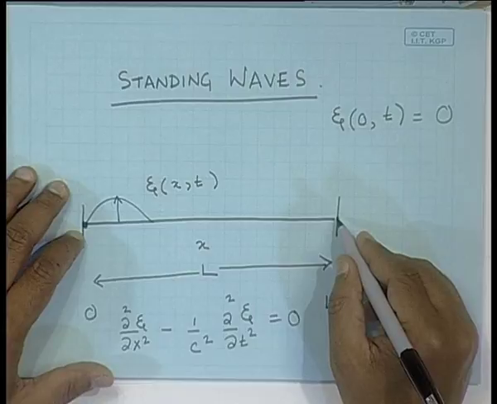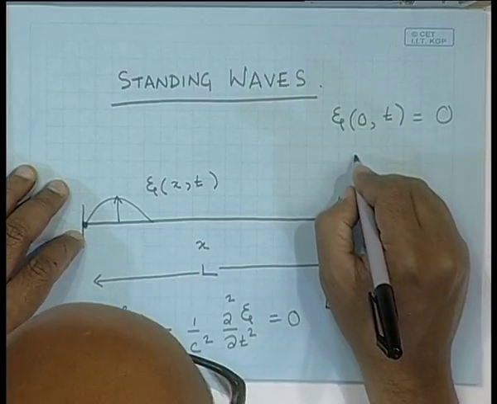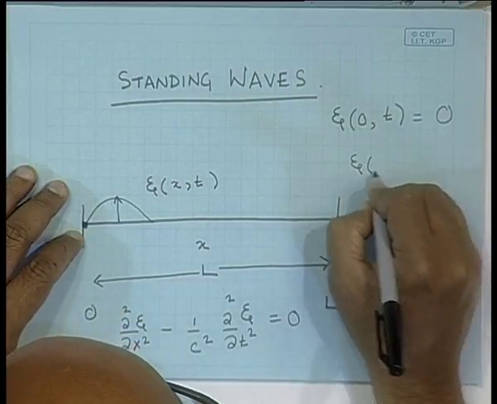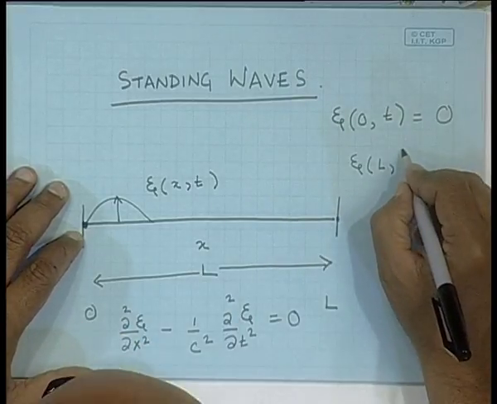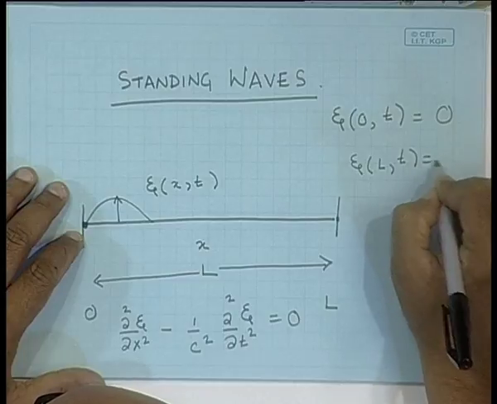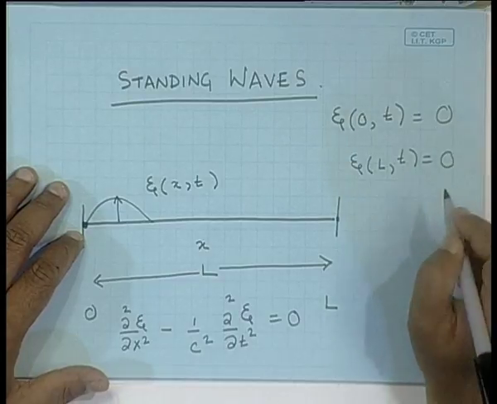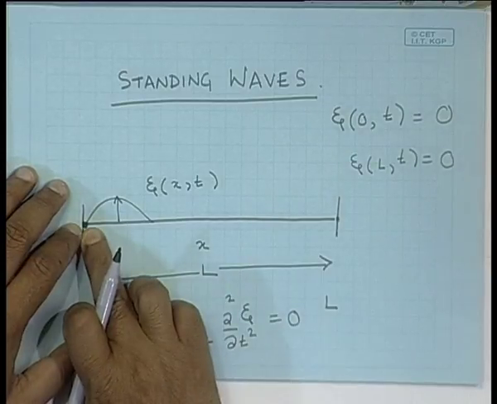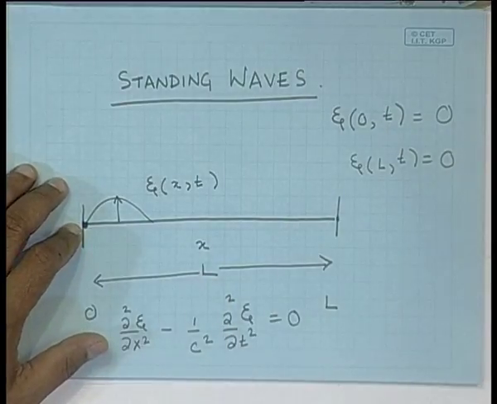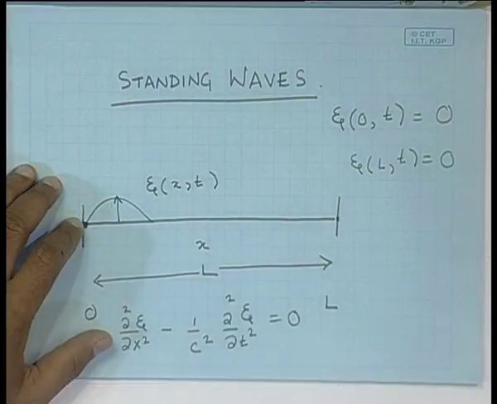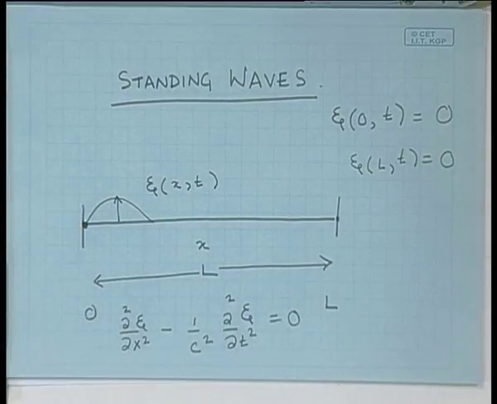Similarly, at the other extremity of the string, xi at x equal to L, as a function of time, is also 0. So, at the two endpoints the string is fixed. The string is fixed here and here. These 2 points are not disturbed, the rest of the string can be disturbed.